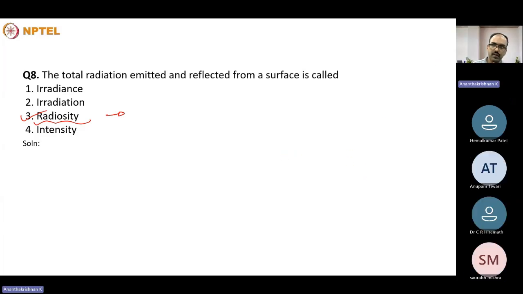So we have seen that the total radiation emitted and reflected from a surface is called radiosity.